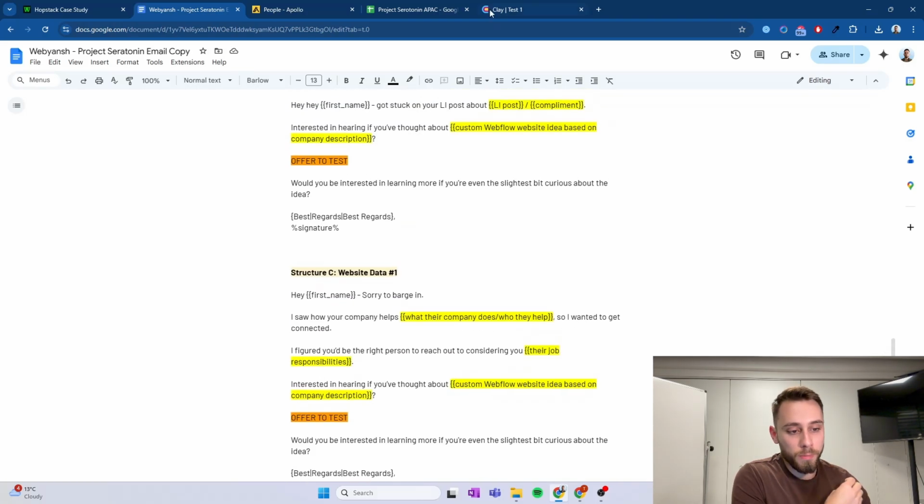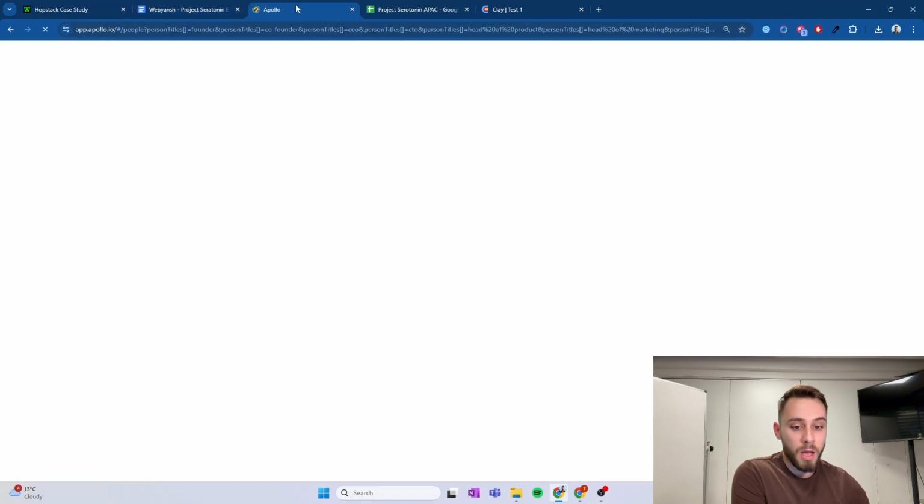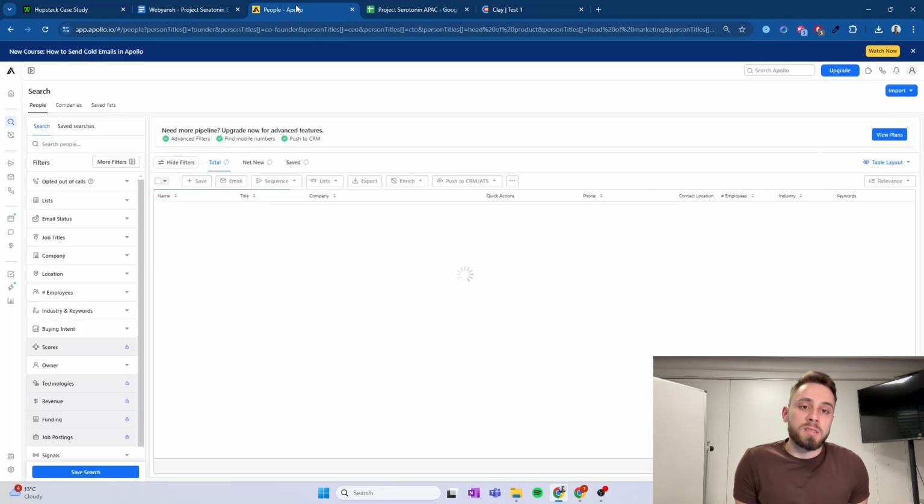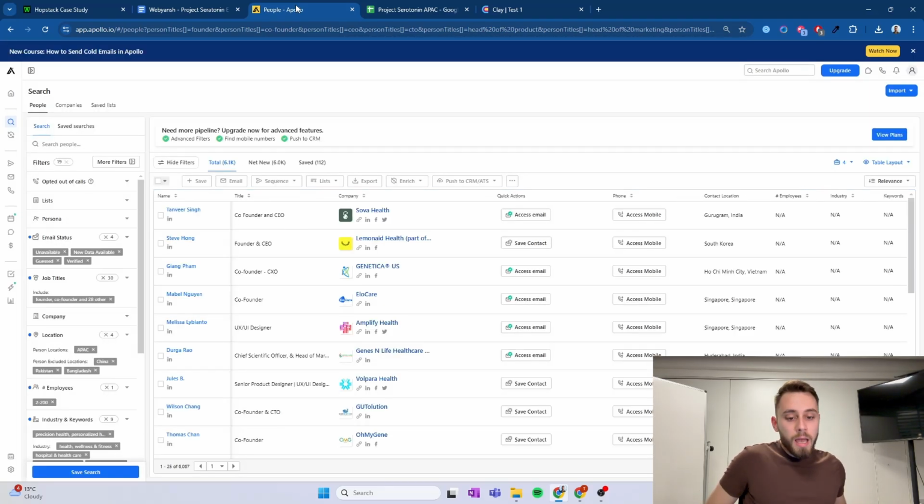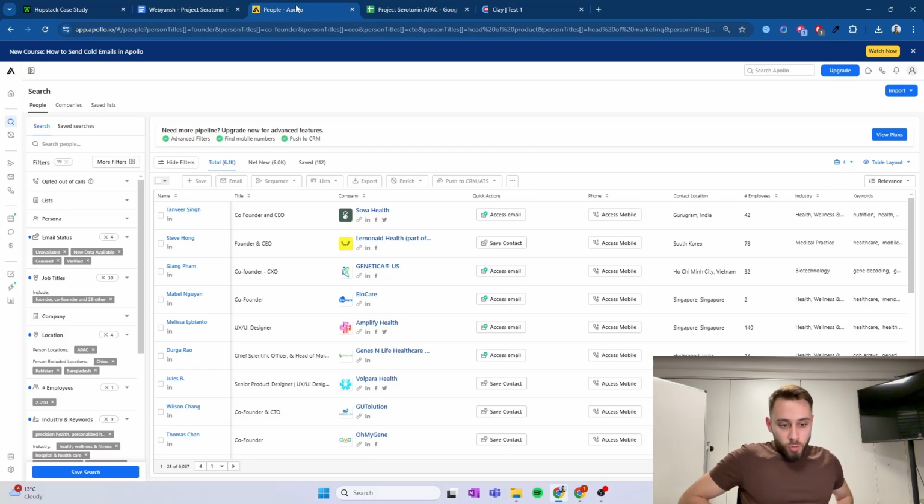Now that you've got your copy sorted, you also have to have leads to reach out to. And if you're just starting out, I would advise just going on a broad search in Apollo to assess your total addressable market and see what you're working with. Now, in this case, to guide you through this, I would make the search criteria based on your most successful case study.